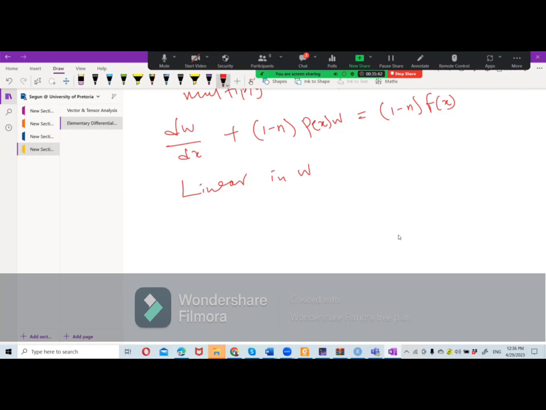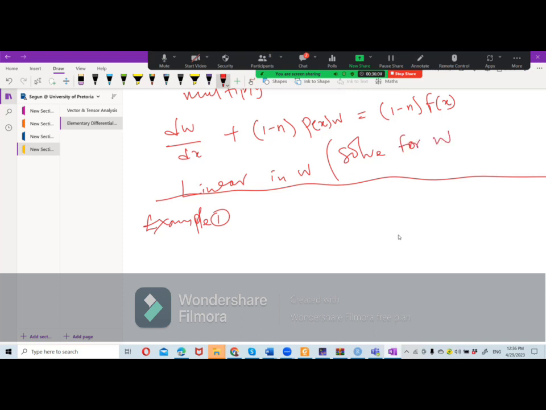Example 1. So in this case now, all you need to do is solve for w, then substitute.